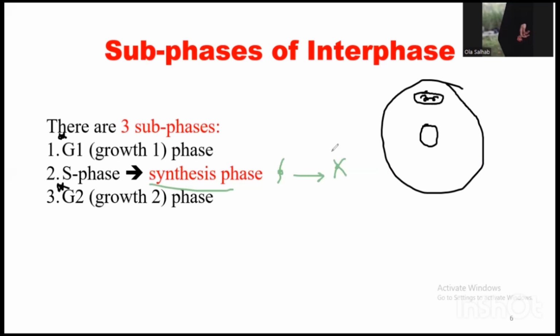And in order to divide the cell, I need the original cell to be big and to have a lot of organelles. Okay?